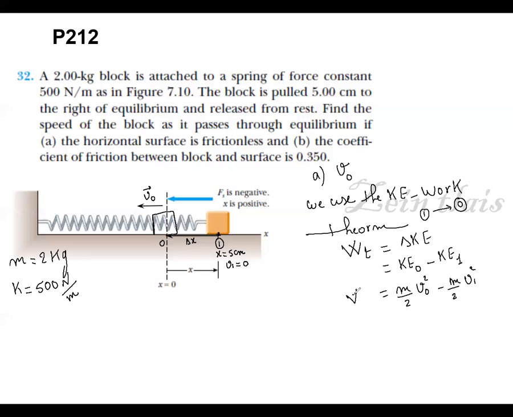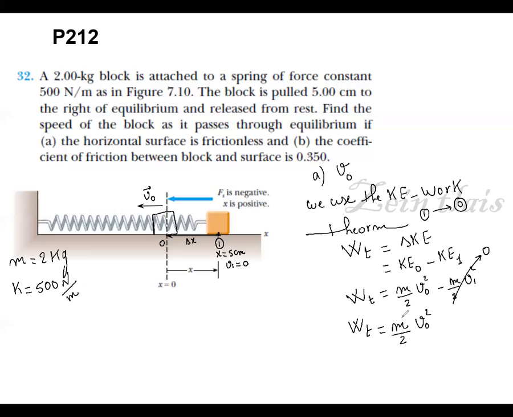Okay, the total work. Initially at position 1, V equals 0, and I want to calculate VO. So the total work equals M over 2 VO squared.